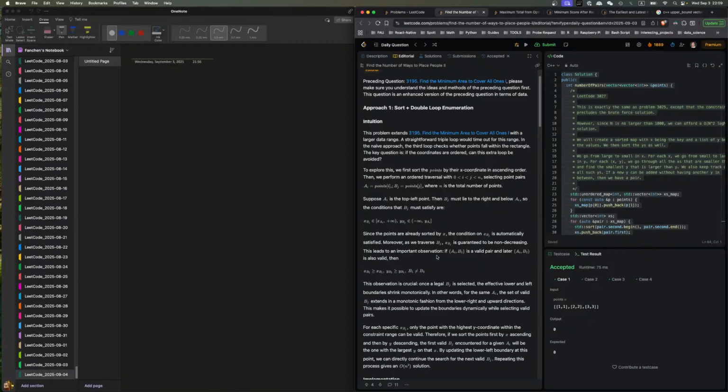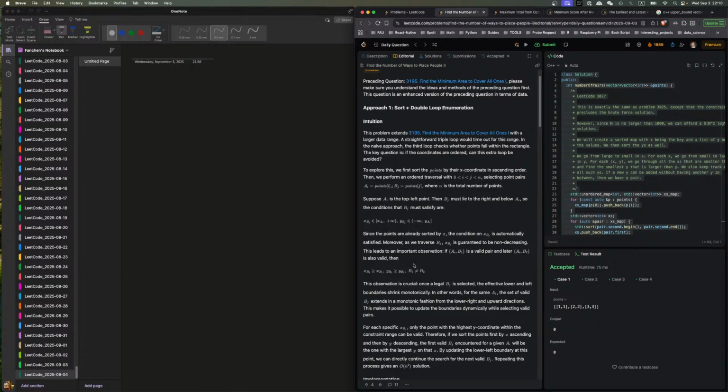This leads to an important observation. If AB is a valid pair and later AB is also valid, then x of b2 is larger than x of b1, and y of b2 is larger than y of b1. That's true. This observation is crucial.